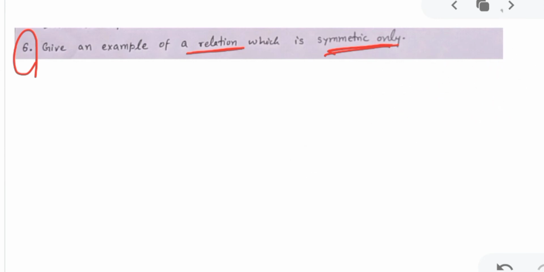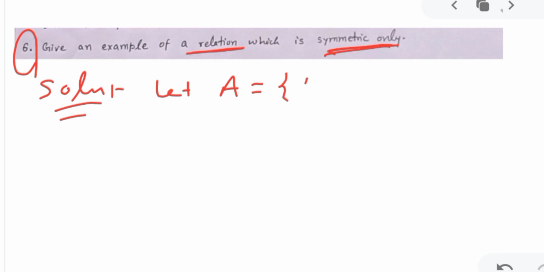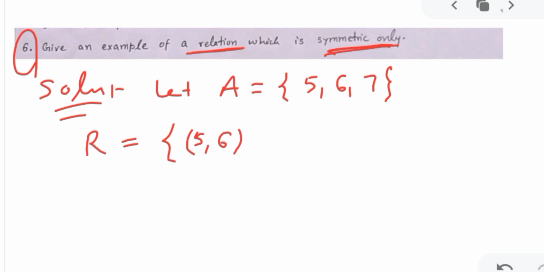In the same way as the previous question, I took a set. Let A equal, this time I am taking 3 elements, 5, 6, 7, and R is a relation. We have to write a symmetric relation R. Symmetric means if I put (5, 6), or you can take 2 elements also, there is no issue.